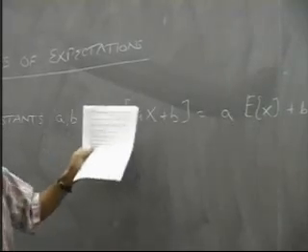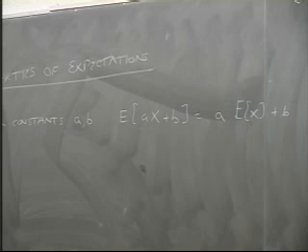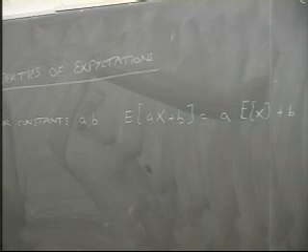You can just move the E into the X, and we get A E[X] plus B. This is a very useful property in some cases.